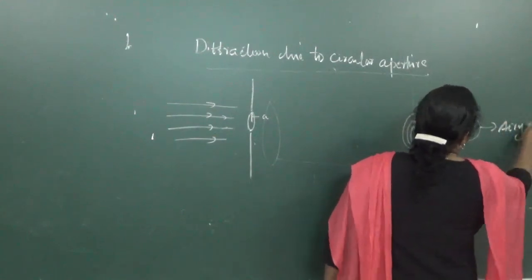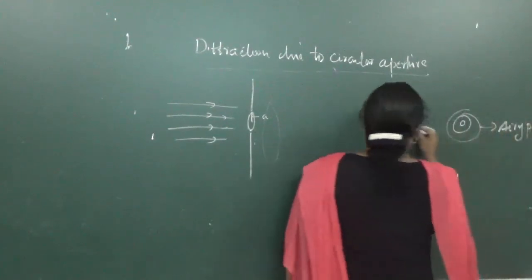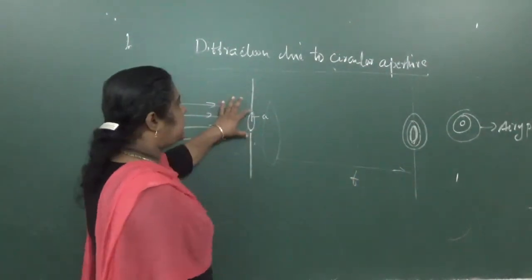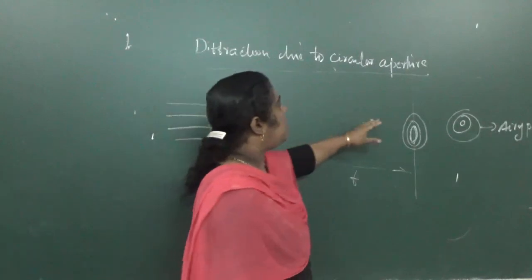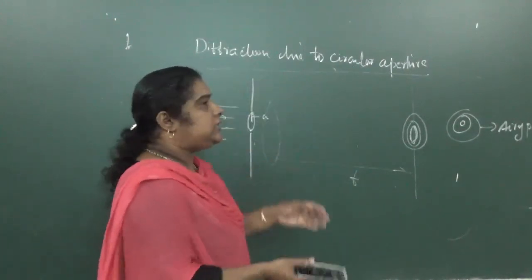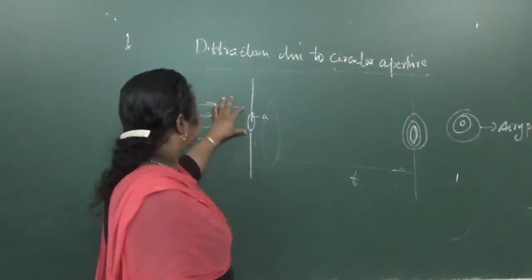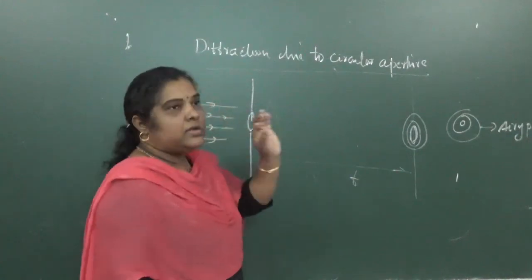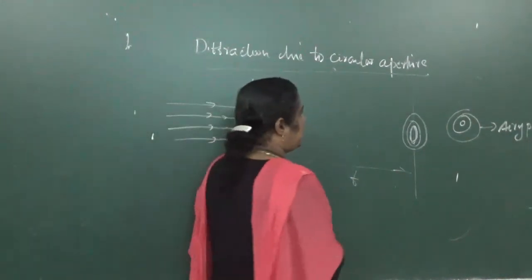You have a central maxima, as expected, but it also spreads into the shadow region. So this central maxima will have a larger diameter compared to our actual circular aperture.